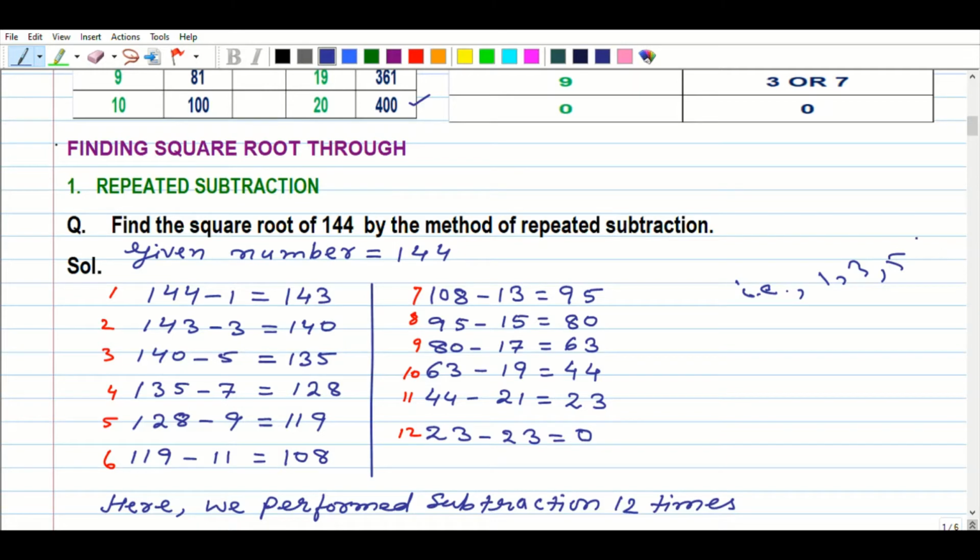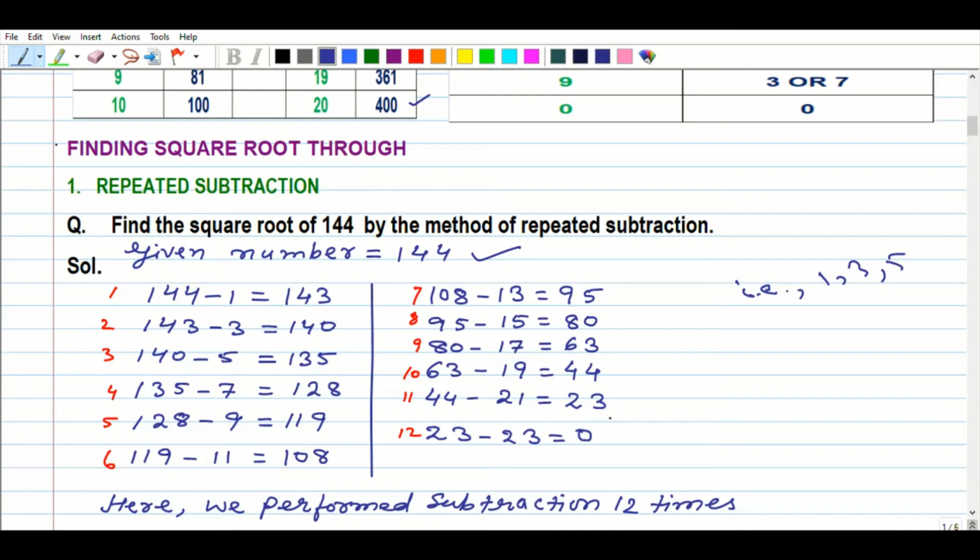So let's focus on the number. We have been given the number 144. First we subtract 1, giving 143, and so on. That is the first step, second step, third step, fourth, fifth, sixth, 7, 8, 9, 10th, 11th, 12th.